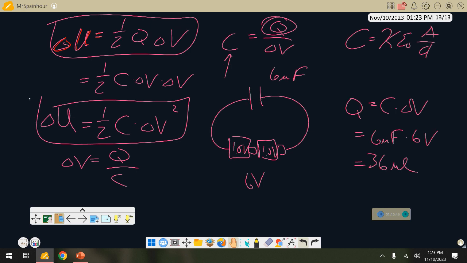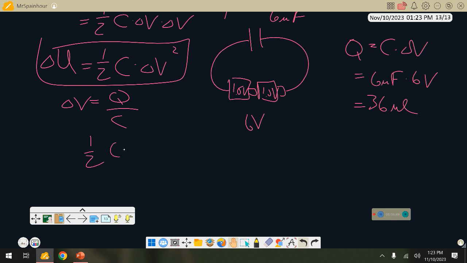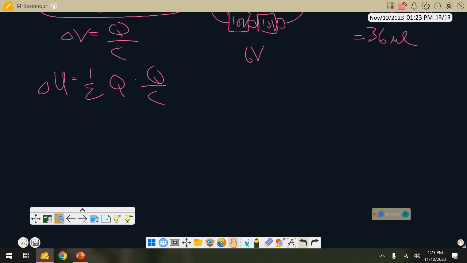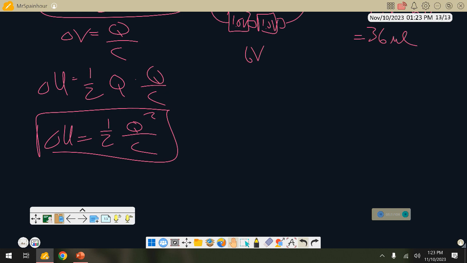If I substitute that in here, I get 1/2 Q times Q over C. Or, in other words, the amount of energy stored is 1/2 times Q squared over C.